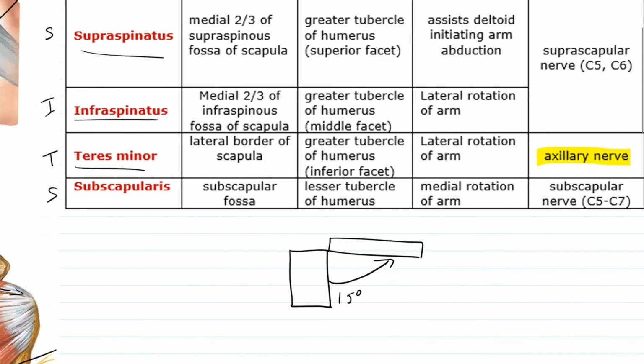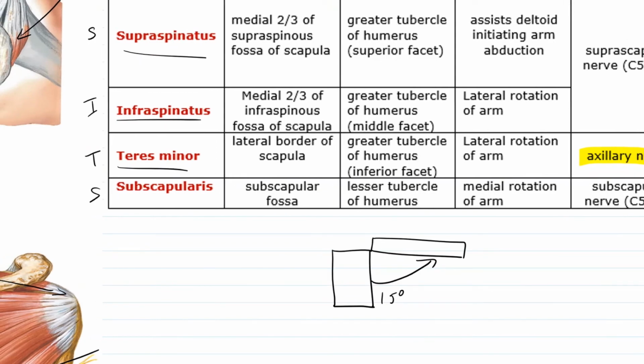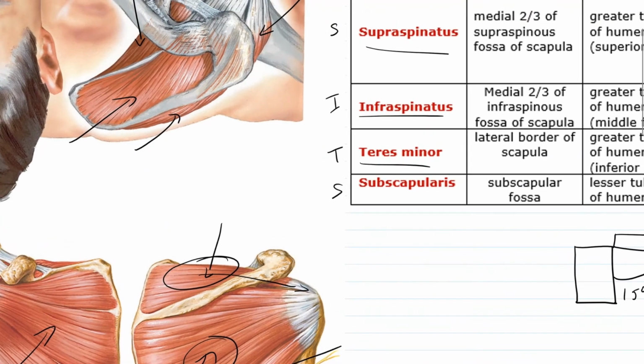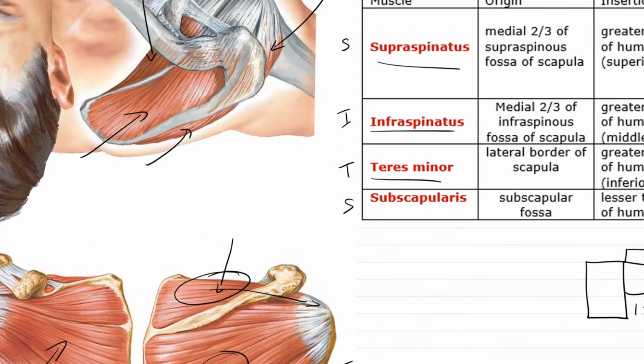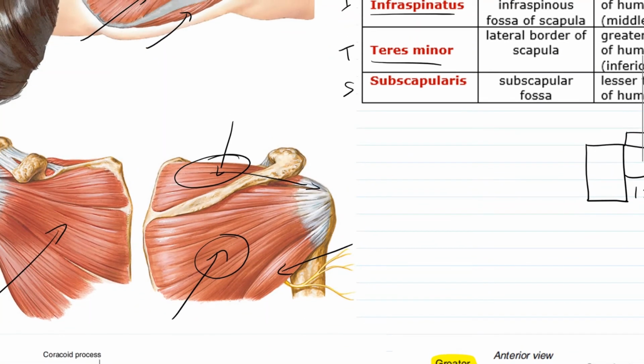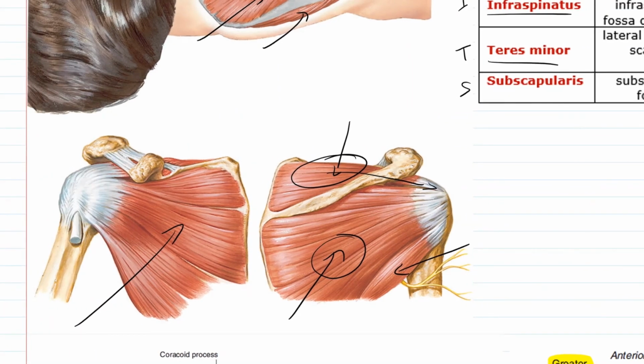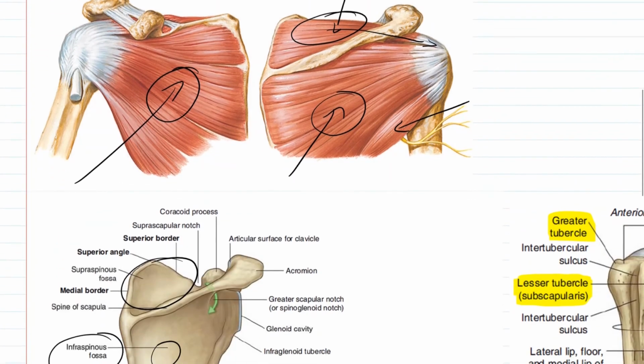Okay. So lastly, we have the subscapularis muscle. The subscapularis is not really part of the group if you think about it, because all of the other muscles are located in the posterior view, whereas the subscapularis is located in the anterior view. Remember that? We mentioned that it's located in the anterior view.